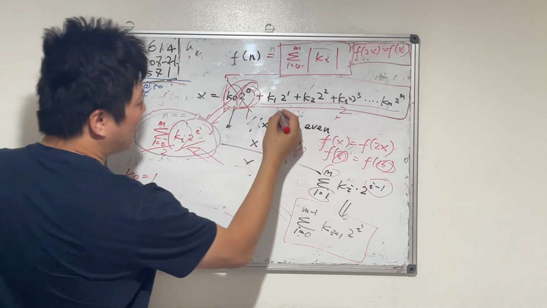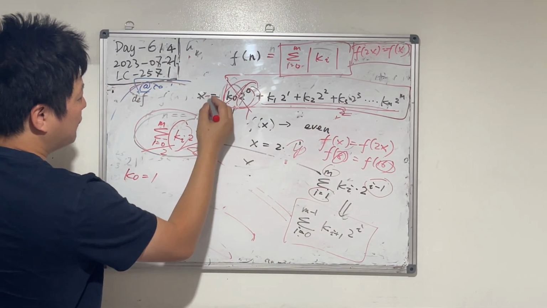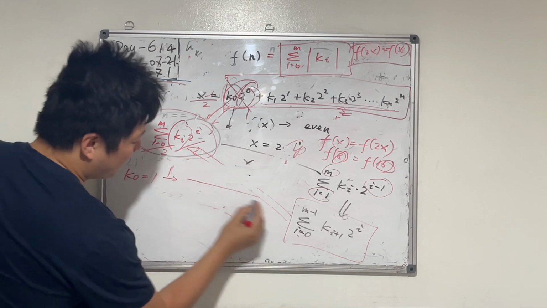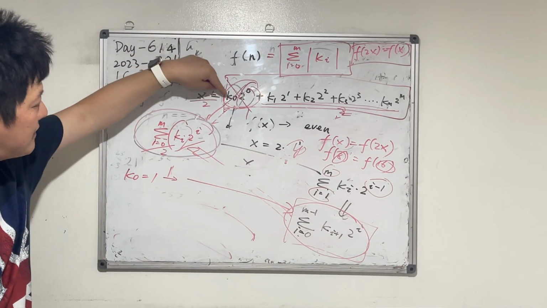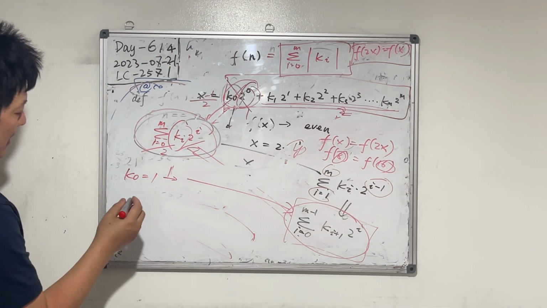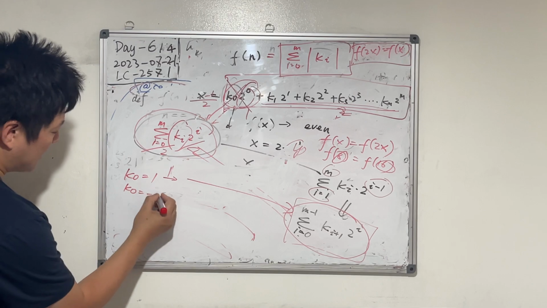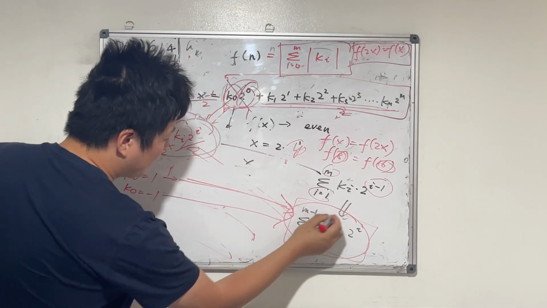We have this similar form. When x is an odd number, we must search the half version of it. And if k0 is minus 1, it's the same. There are 2 cases, and both will be converted to this kind of form.